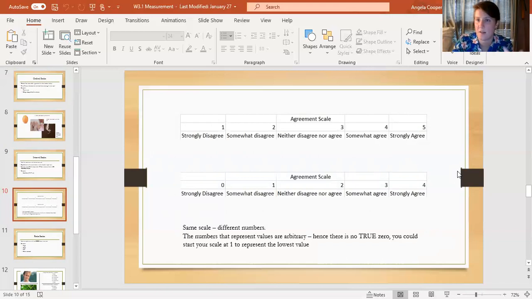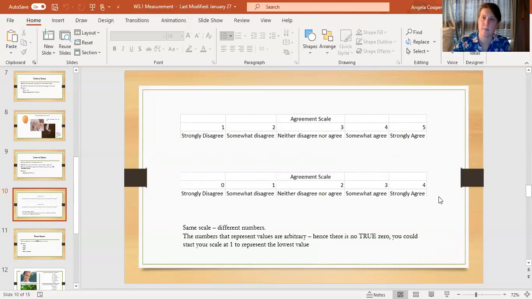If you were to complete a survey on either scale, the lowest number is representative of strongly disagree, and the highest number is representative of strongly agree. The 0 doesn't matter because we can change it. It can be a 1, it can be a 0. That doesn't really matter.